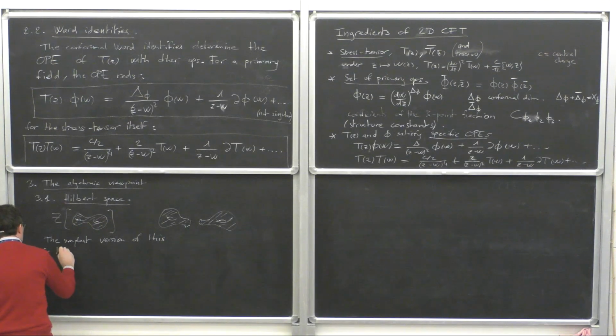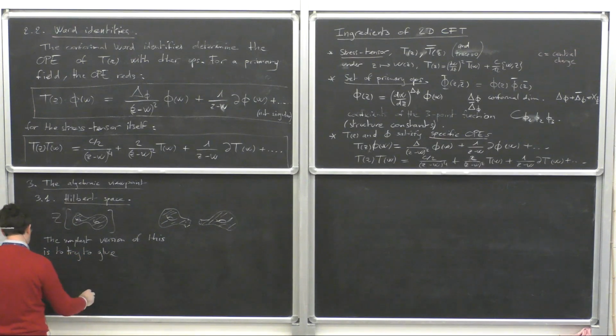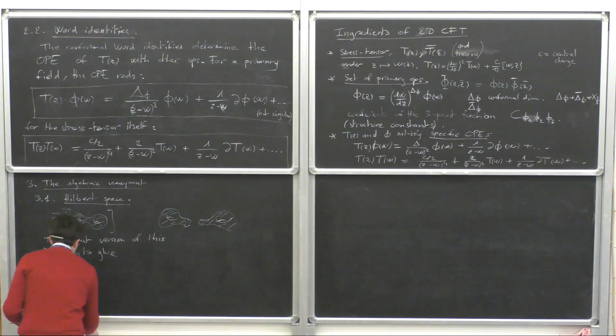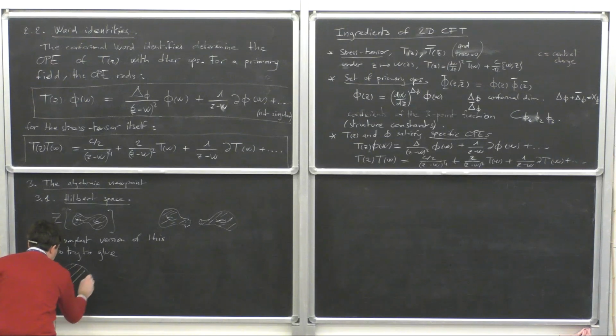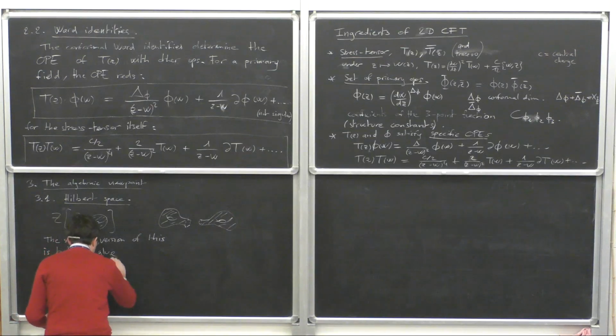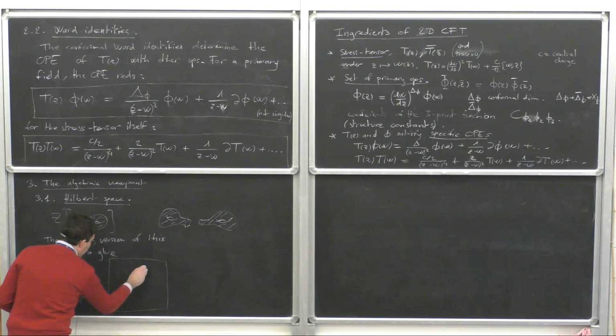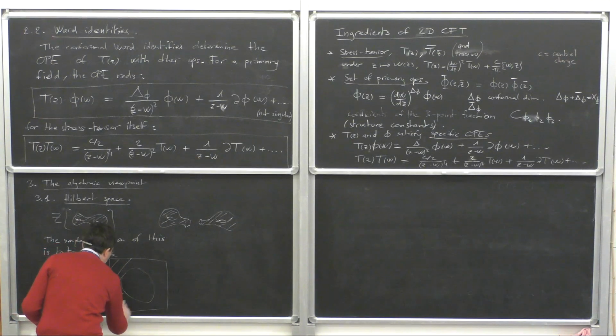is to try to glue a piece of the plane, namely a disk. So let's say we take a disk, and we would like to glue the disk, let's say a disk of radius 1, and we would like to get, for instance, partition functions or correlation functions in the plane by gluing this disk with the plane minus the disk.